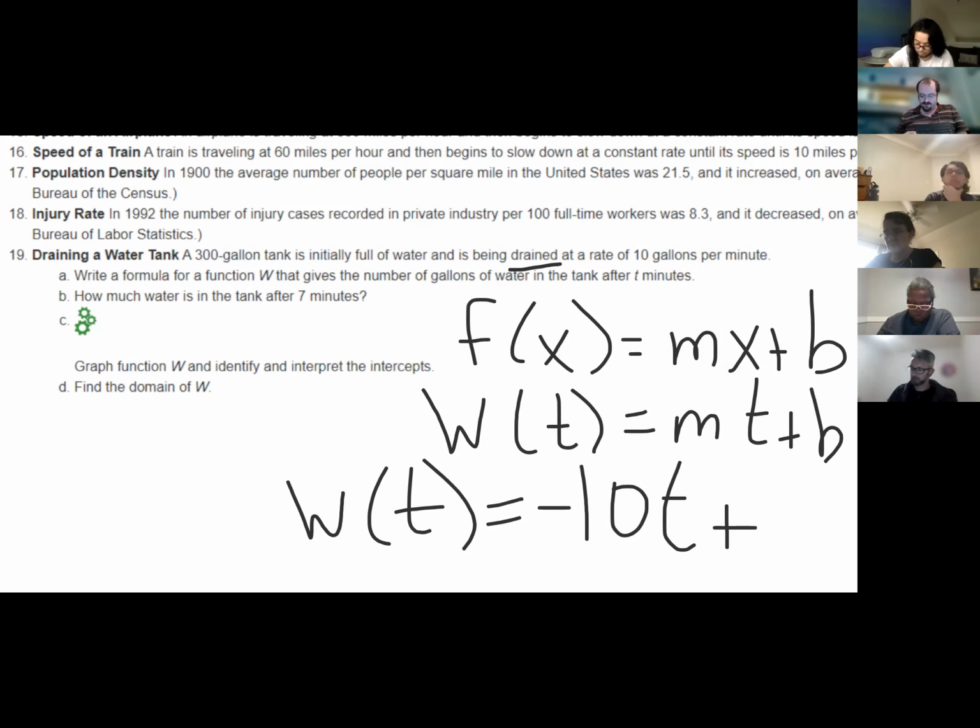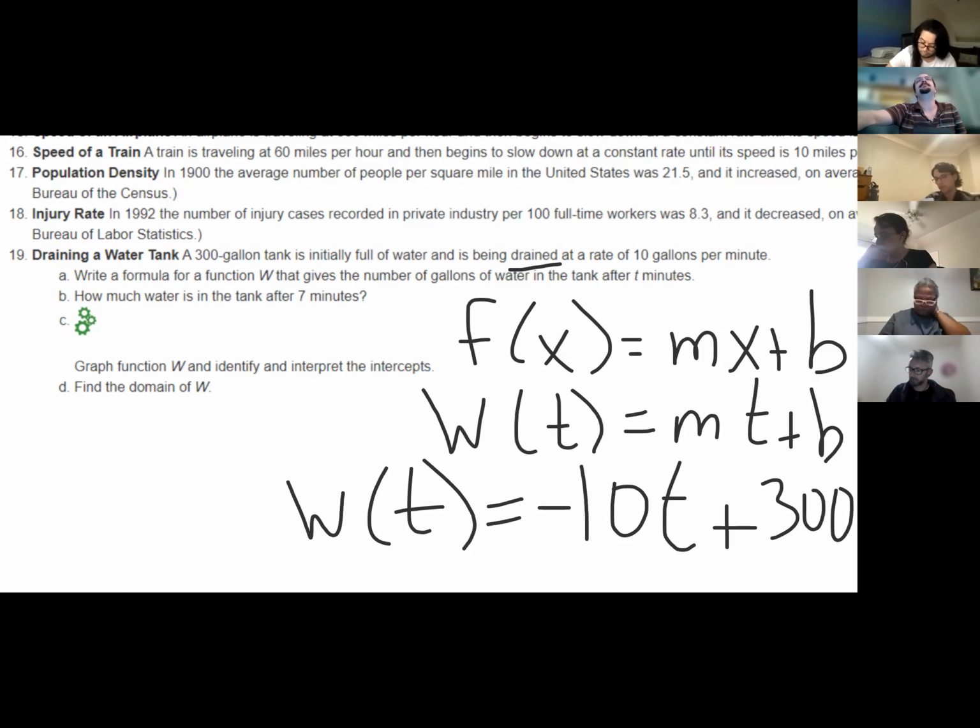So I'm adding 300. Is that positive or negative? Positive. We have that amount, and we're losing that amount. So the 300 is positive, and the 10 should be negative. You mean negative 10 times t plus 300, right?